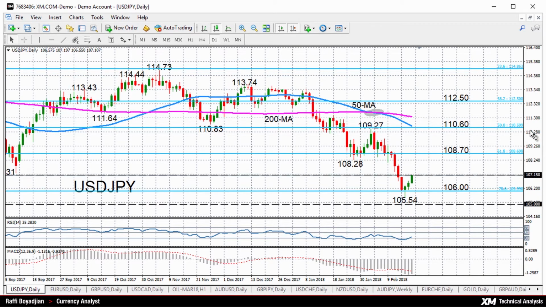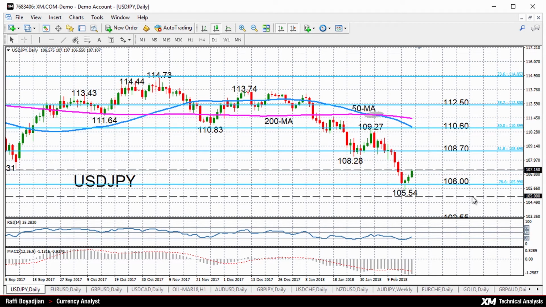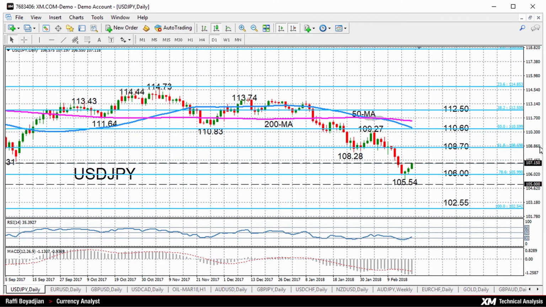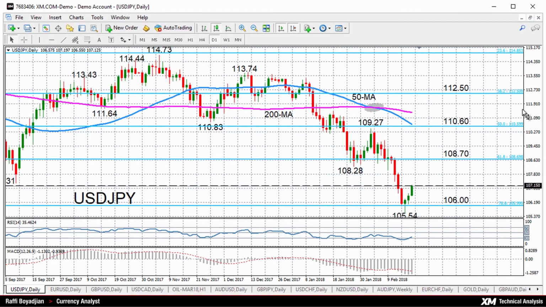If the pair drops back below that level, we could then see the 105 level coming into scope, and then below that we have the 102.55 area, which was a low back in late 2016.